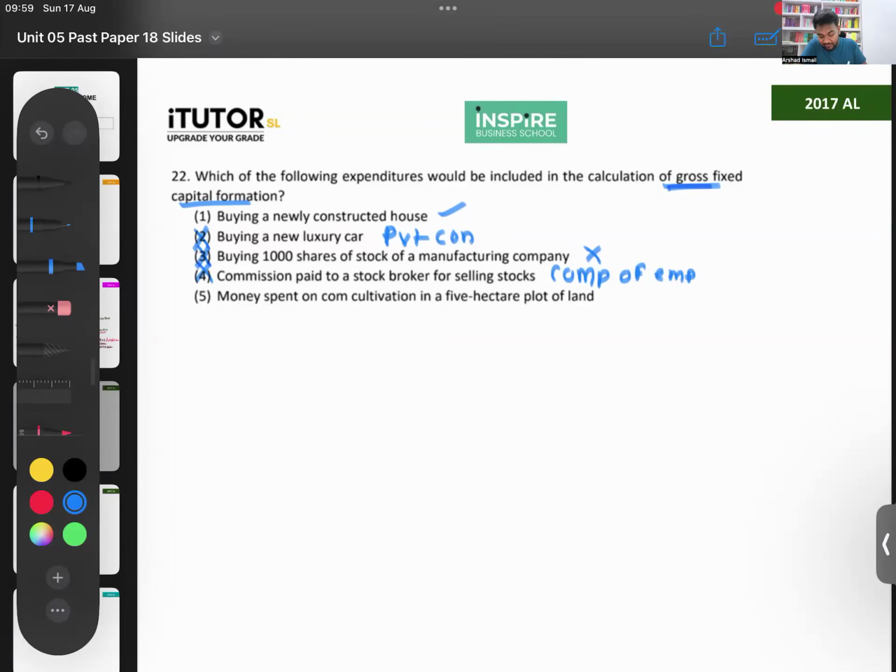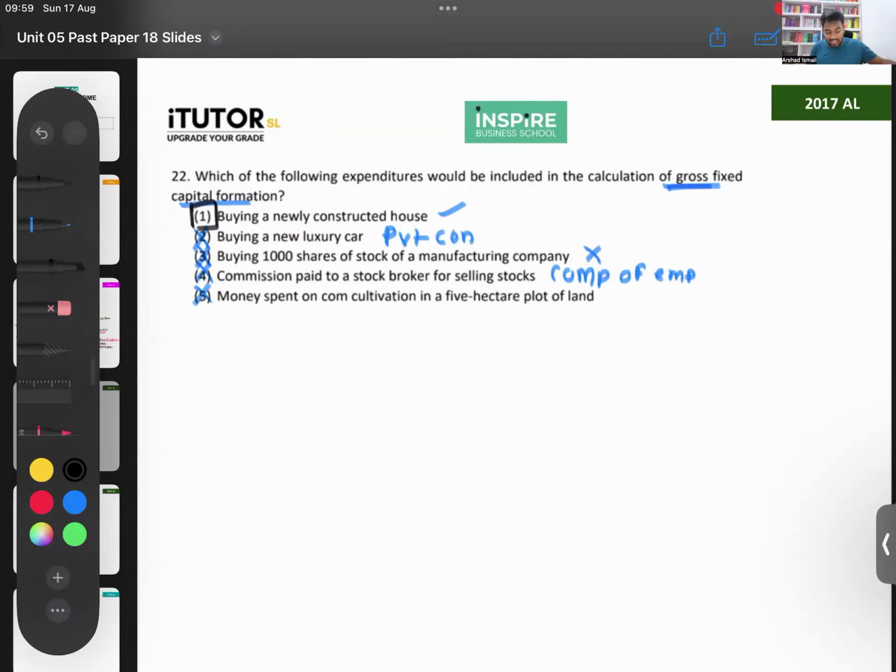So which one will be fixed capital formation is this. Now, remember this one, newly constructed houses. Remember this gross capital formation, that is called investment, that is expenditure by businesses. But then you can argue, sir, houses are not businesses, sir. Houses are bought by people. So if you buy a new house, why is that not coming under private consumption?